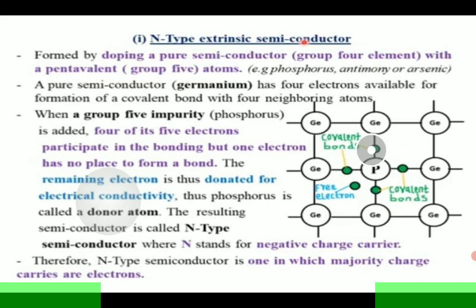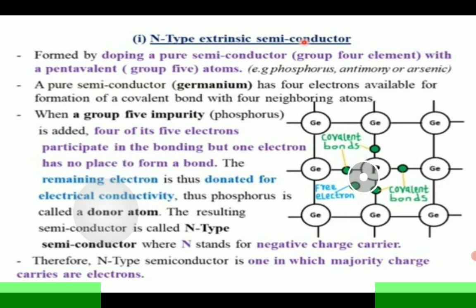So because of that, it has 5 electrons in its outer shell. When being added to germanium, each germanium atom has 4 bonds. We have 1, 2, 3, 4, and so on.